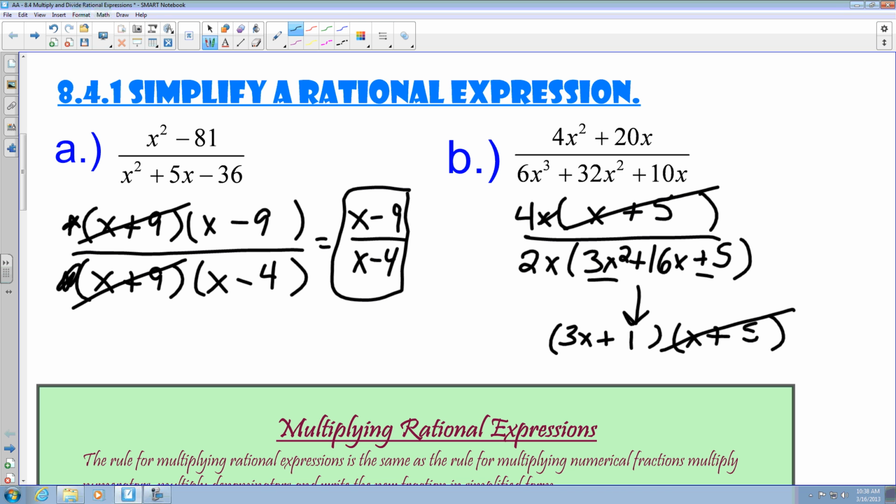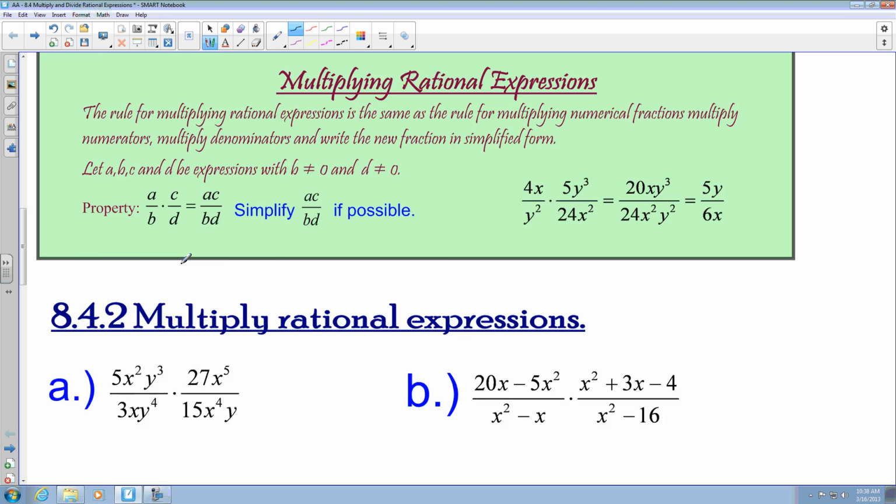So this gets crossed out, this gets crossed out, and 4 divided by 2 will give me a 2 in the numerator, divided by 3x plus 1, with the rest crossed out. So that's the way we simplify them.